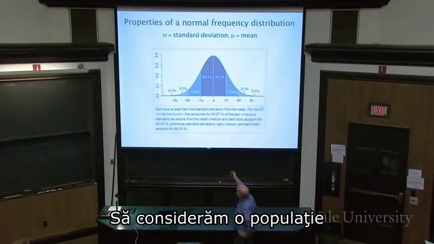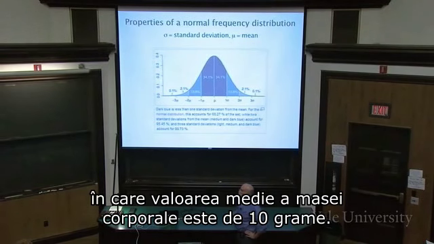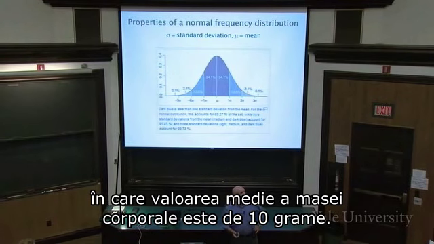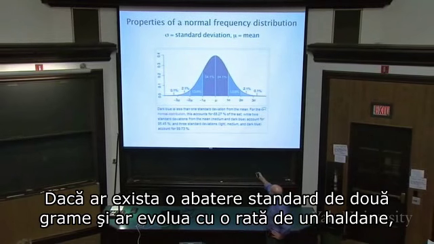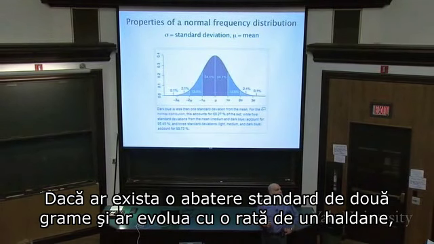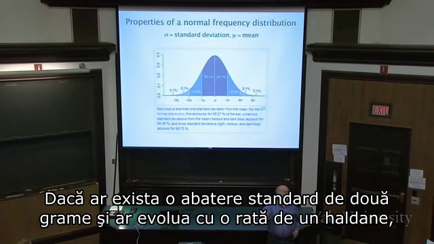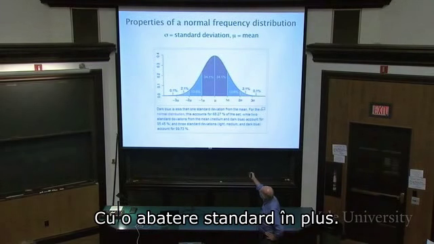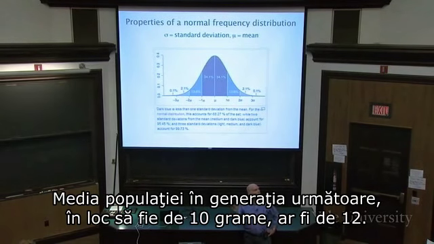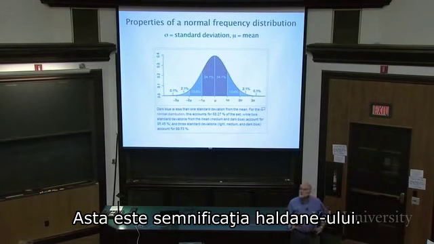So 1 Haldane basically would take a population that, say, had a mean value, suppose it was for body size, maybe a body size of 10 grams, and if it had a standard deviation of 2 grams, and it was evolving at a rate of 1 Haldane, it would move that mean from here to here, 1 standard deviation unit up. And the population mean in the next generation, instead of being 10 grams, would be 12 grams. So that's the meaning of the Haldane.